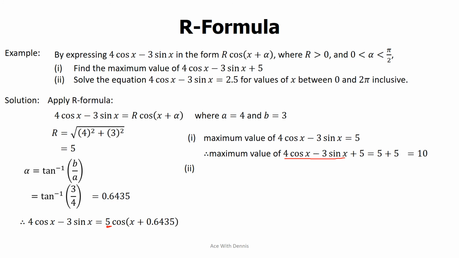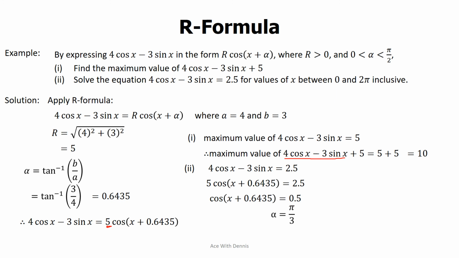Now we can solve the equation. 4 cosine x minus 3 sine x equals 2.5, and we convert 4 cosine x minus 3 sine x into 5 cosine bracket x plus 0.6435 equals 2.5. Now make cosine x plus 0.6435 the subject, which equals 0.5. So the basic angle is pi over 3.